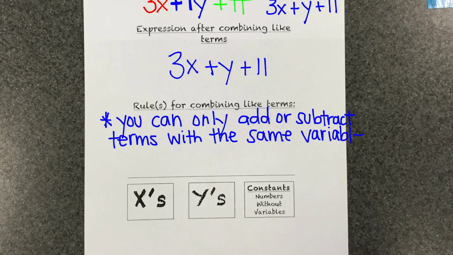Again, I can't really combine a French fry and a hamburger together and say it's still a French fry or a hamburger, right? I can only combine hamburgers together or fries together or sodas together.